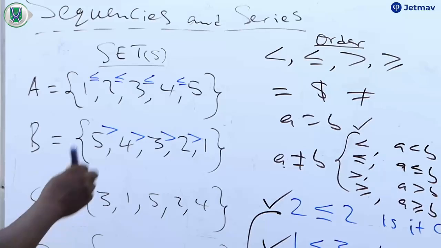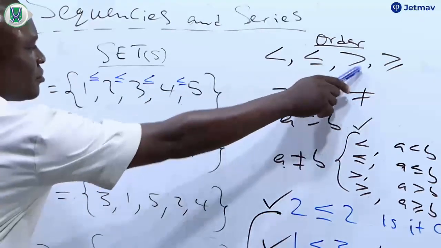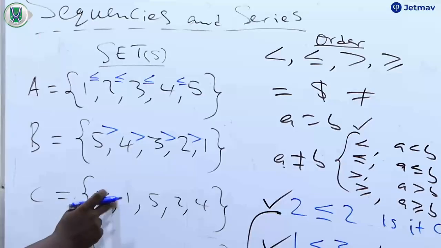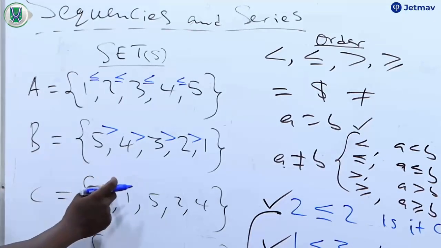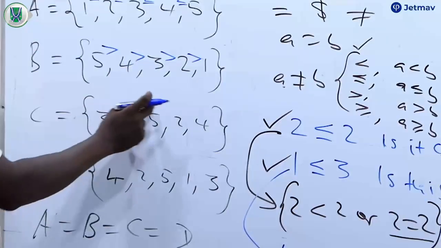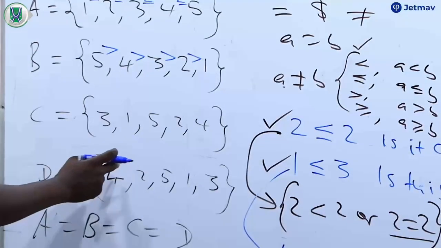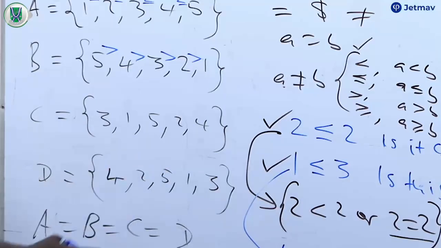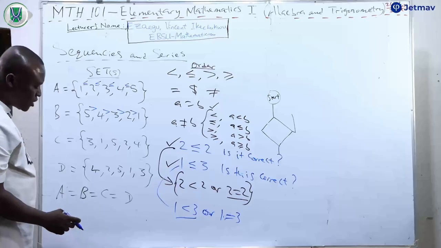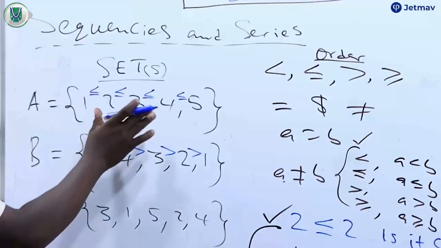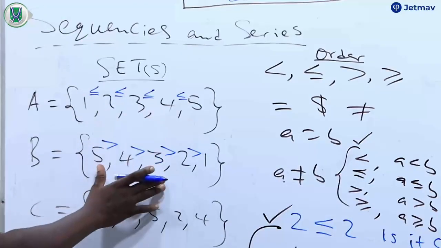Still the same. You cannot place this notation on this, because if you place 3 is greater than 1, you cannot maintain the same order, greater than for all. If you place this, you cannot maintain less than or equal to in all. So for that reason, we can easily say that this maintains an orderly arrangement.